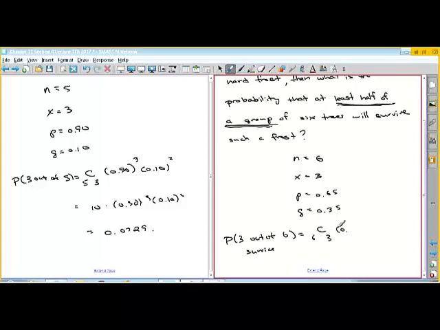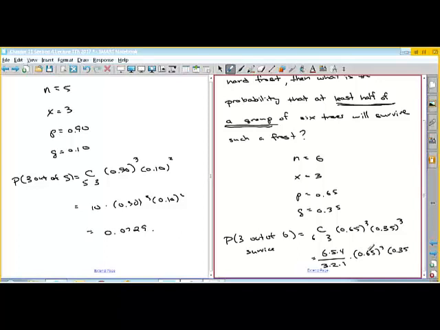In this case, it is a success. 6 things taken 3 at a time, 0.65 raised to the 3rd power, 0.35 raised to the 3rd power. 6 minus 3 is 3. So this number is always that. This minus that gives you that number. And 6 things taken 3 at a time, I'm using my shorthand: 6 times 5 times 4 divided by 3 times 2 times 1.